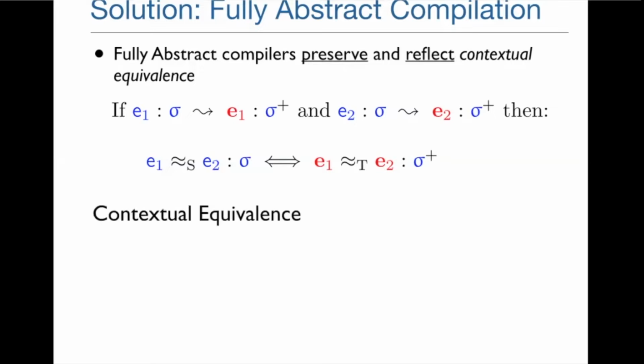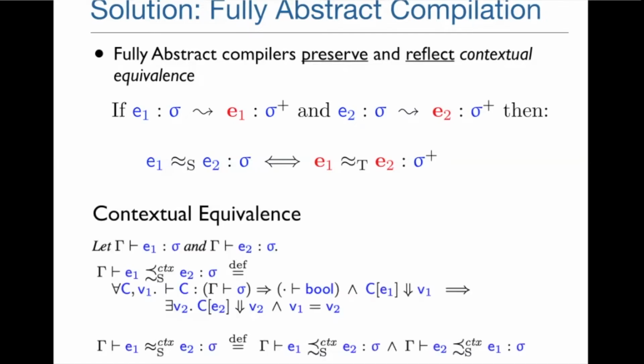So what do we mean by equivalent? Well, we have the notion of contextual equivalence. That starts with the definition of contextual approximation, which says that if we have E1 and E2, both of type sigma in the type environment gamma, then for every context C, if we insert an expression of type sigma into the hole of the context C, and it terminates into a Boolean, and if E1 terminates to some value v1 in the context, then there exists a v2 such that if we put E2 in the context C, it terminates to v2, and v1 is equivalent to v2.